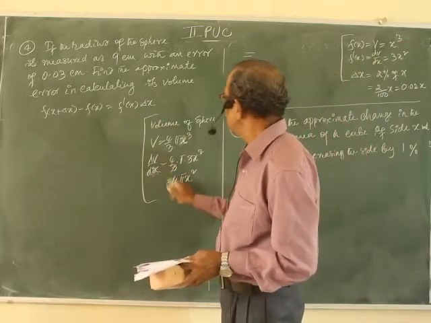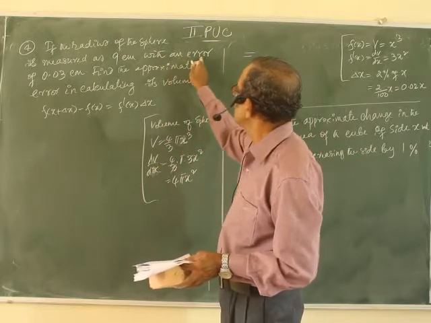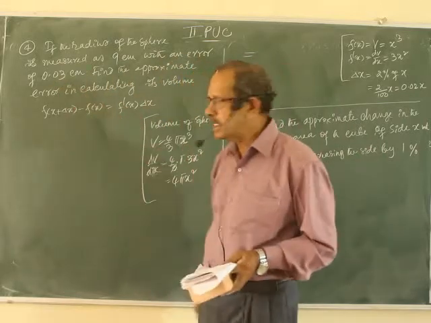F dash of x is 4 pi x square, delta x with an error 0.03. Everything is given.